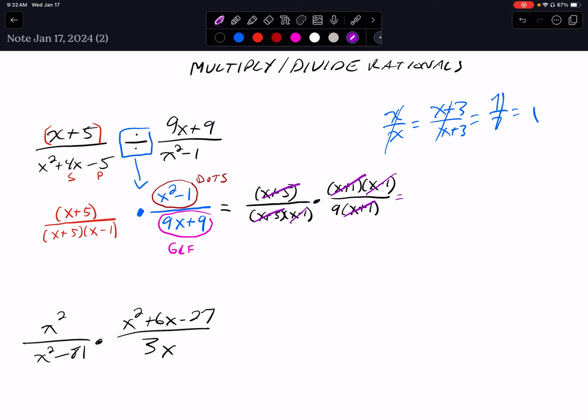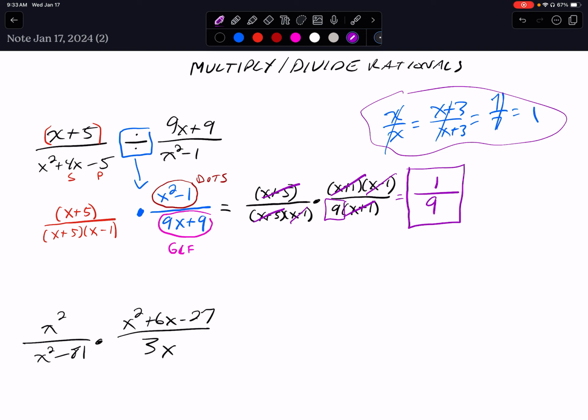If there's nothing left on the top, there is a 1 left on the top because we used our fancy forms of 1 up here to simplify. And if you notice on the bottom, we still have just the number 9 left. So that huge expression right there turned into just the value of 1/9. Okay? All right, next example.